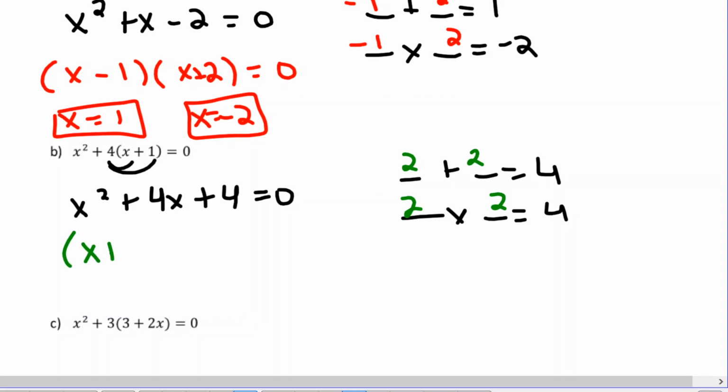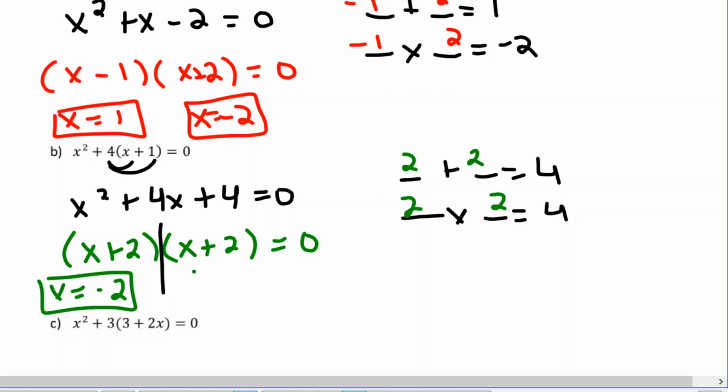We get our brackets, both positive. Everything here was positive. Because my factors are the same, I get the same result out of each. So I get a -2 twice. Right? So I technically only have one solution. This graph looks like something that at -2, it just bounces. It hits the x-axis only one time.